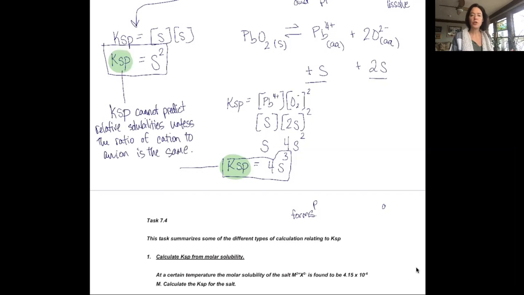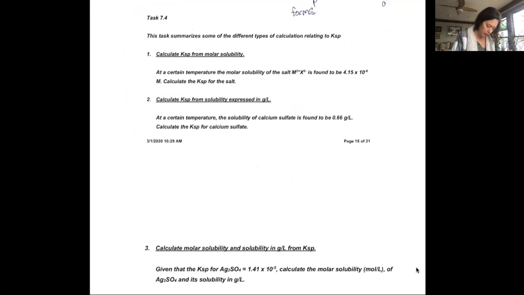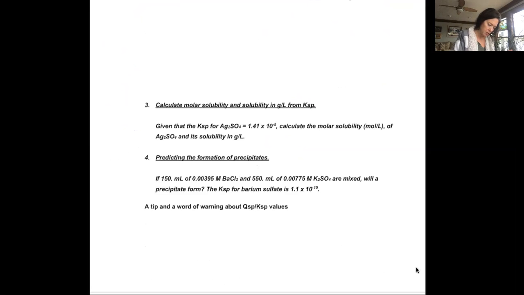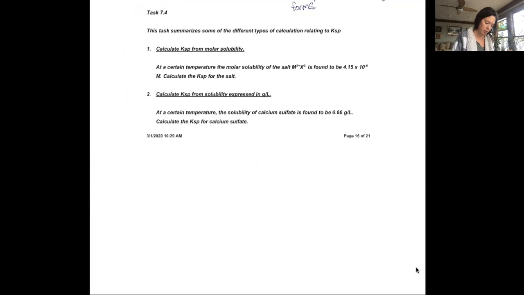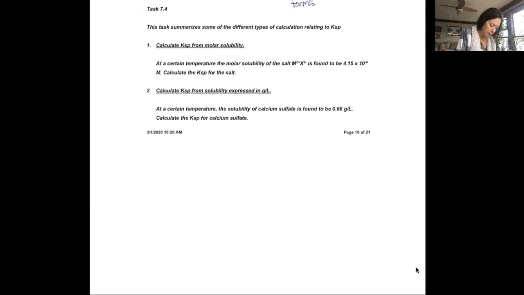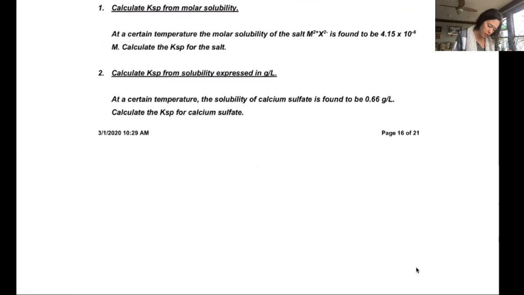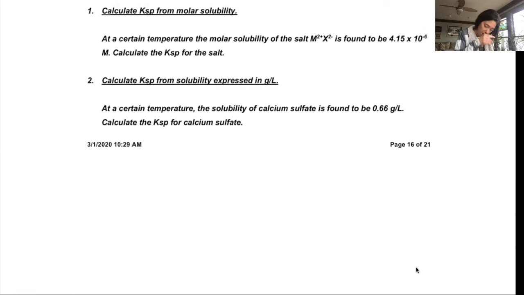All right, let's just jump into some problems here. Let me move this down because we're going to need more room. We'll just take a slow approach, baby steps, all is well. So we're going to calculate Ksp from molar solubility. At a certain temperature, the molar solubility of the salt is given.